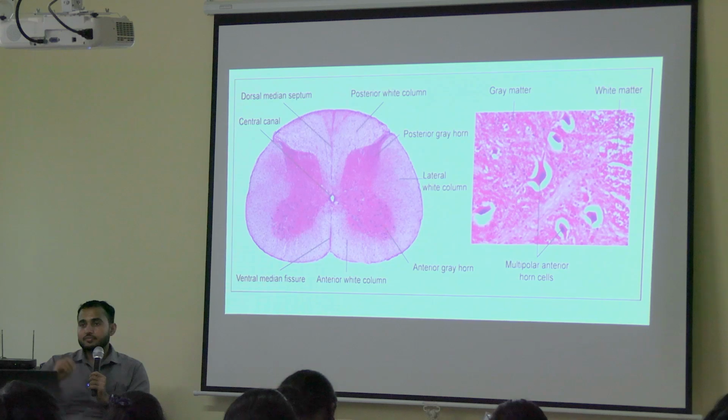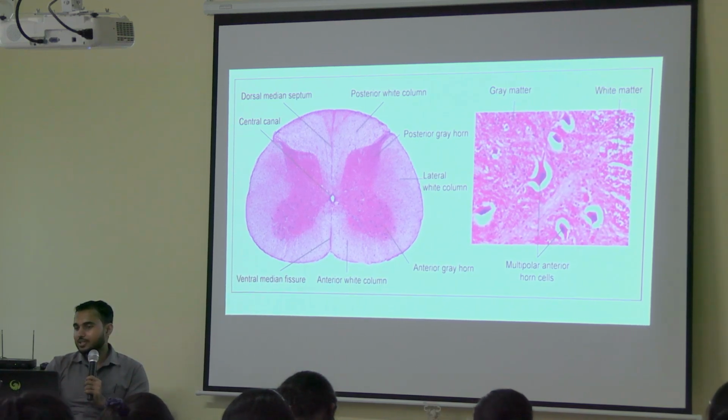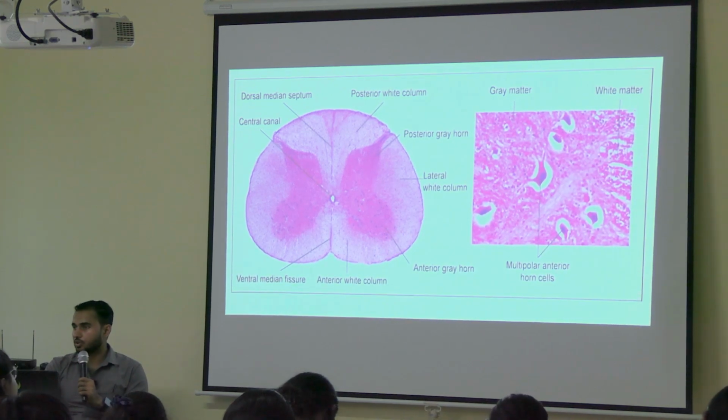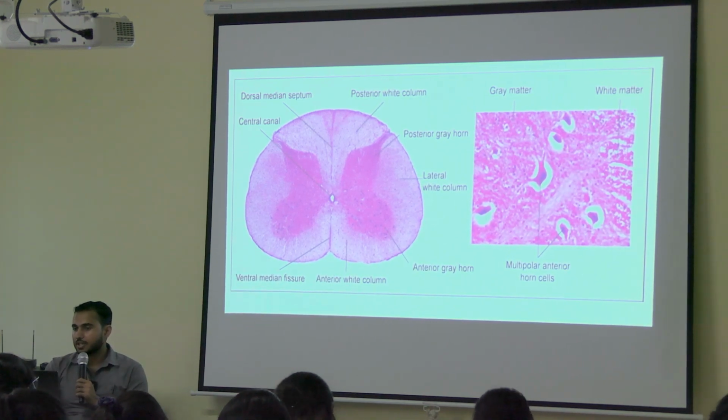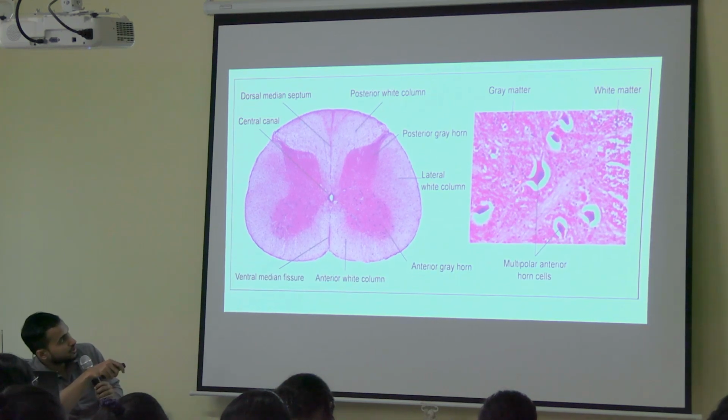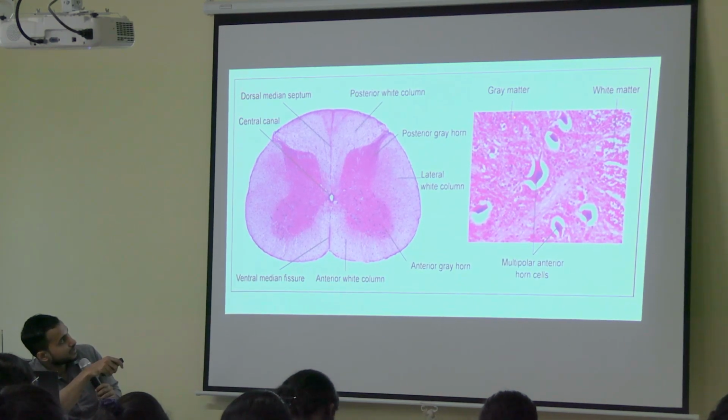Next, if you concentrate on the high magnification, what can you see? You can see the types of neurons. You can see the gray matter and the white matter also easily. If you concentrate over here, you can see the gray matter.